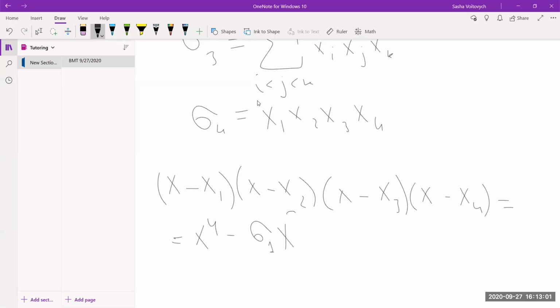So it's x to the fourth minus sigma 1 x cubed, plus sigma 2 x squared minus sigma 3 x plus sigma 4. I don't know if you guys are familiar with it.